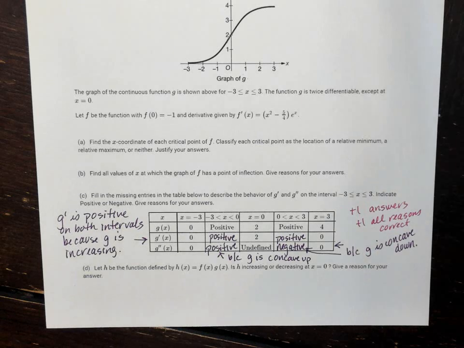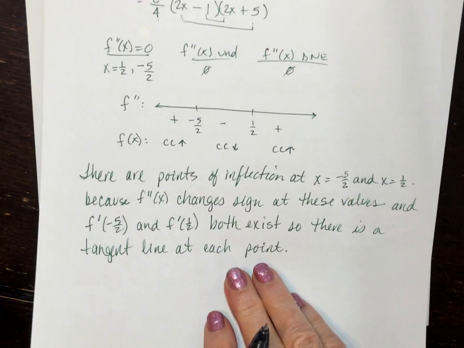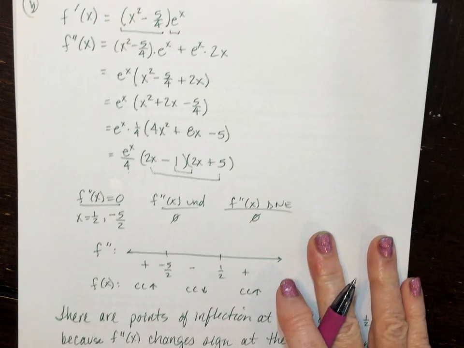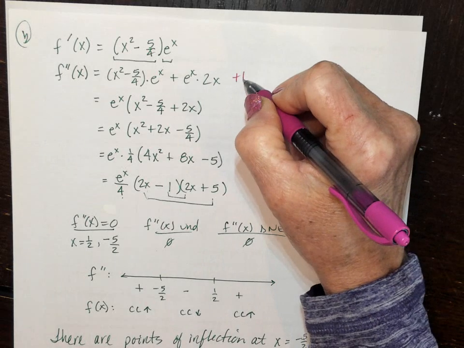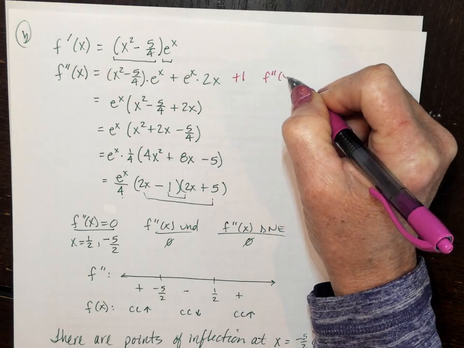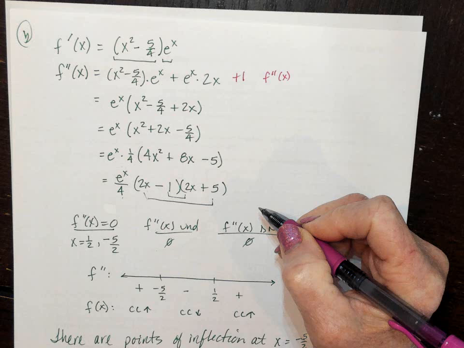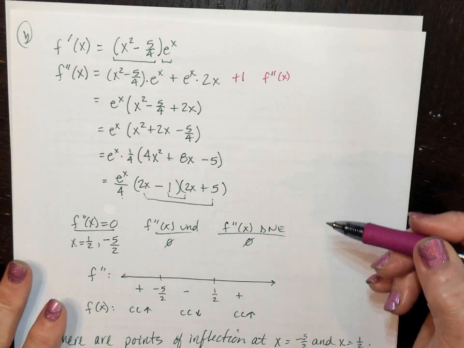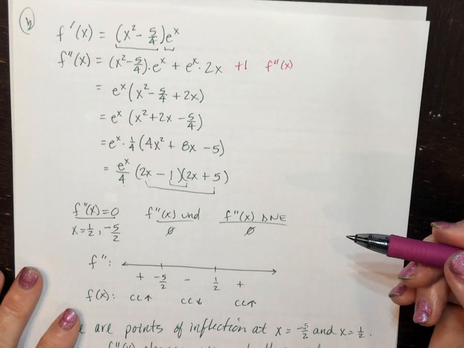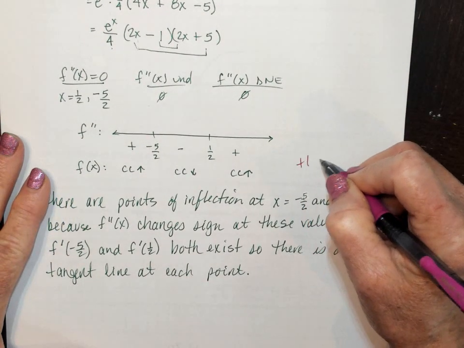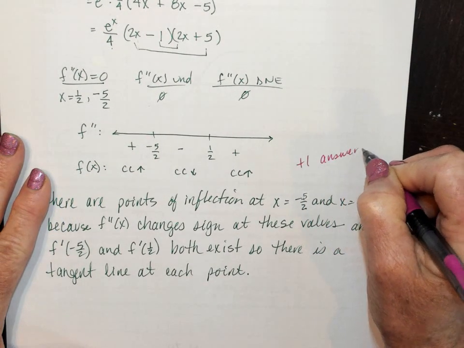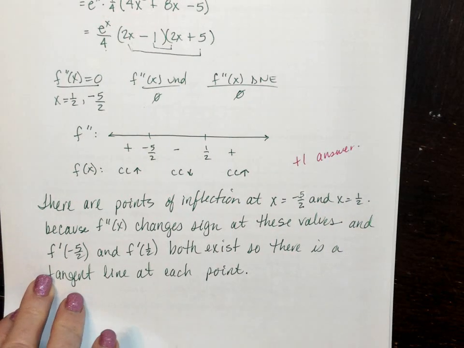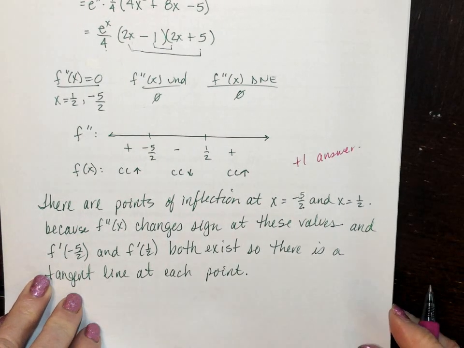Part B was +1 for F double prime, and +1 for the answer. Not a lot of work there for just 2 points.